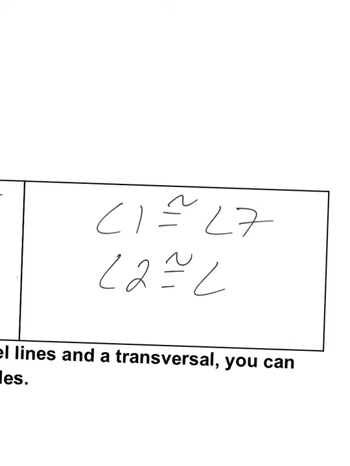And since they are congruent, we could say that angle 1 is congruent to angle 7, and angle 2 is congruent to angle 8. Capiche? All right.